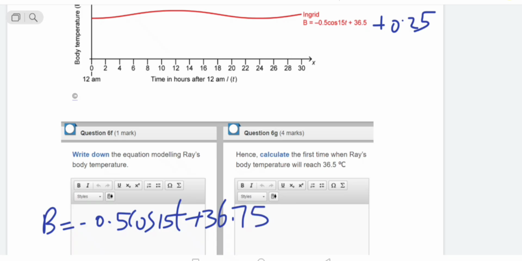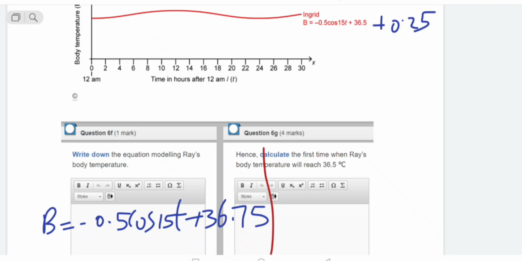So this is the equation of the raise. Okay, clear? Now calculate the G part. It asks you to calculate the first time when the raised body temperature will reach here. You are going to find the time t. When it reached there, what was the time? We will use the raise equation, because we are talking about the raise.